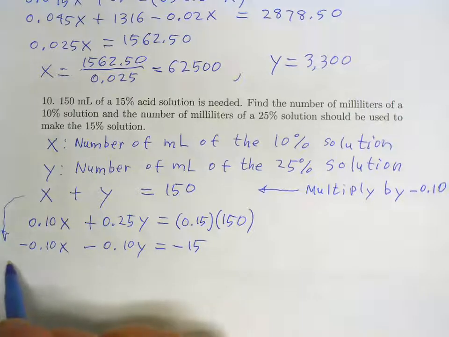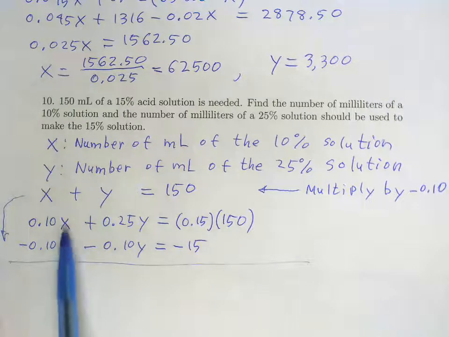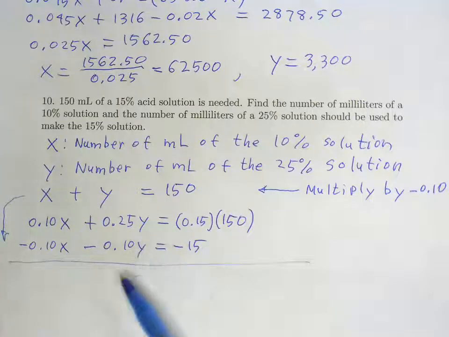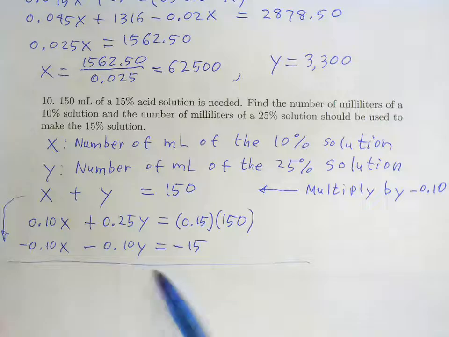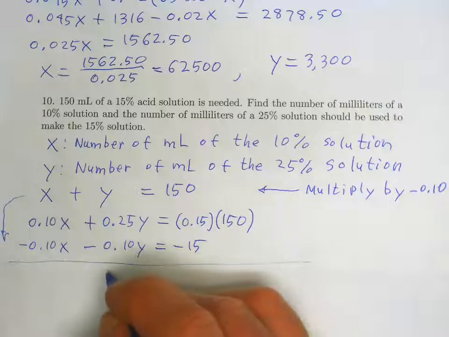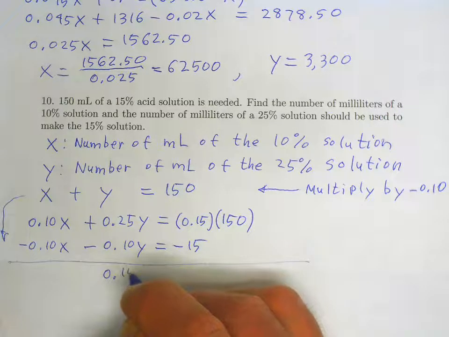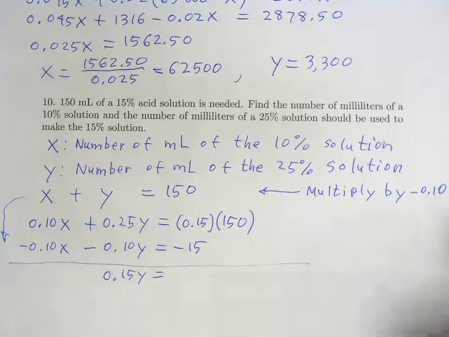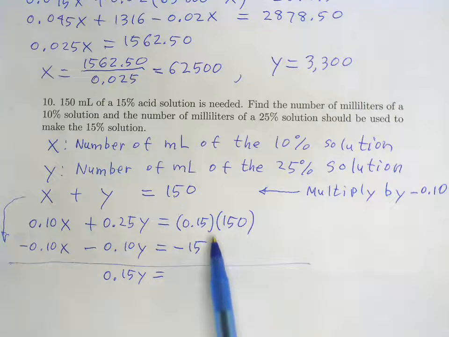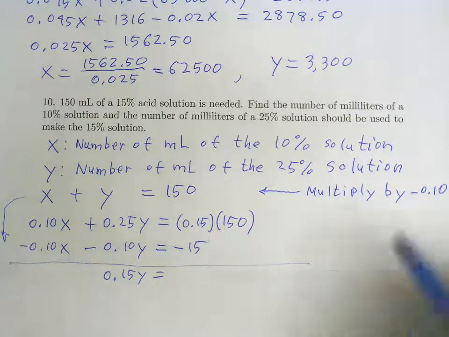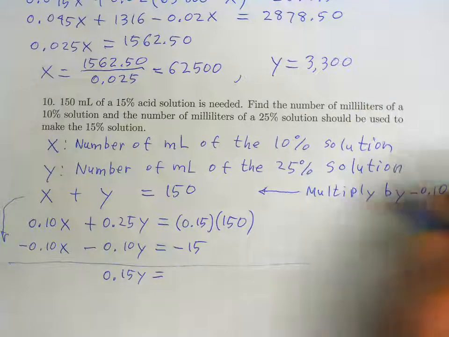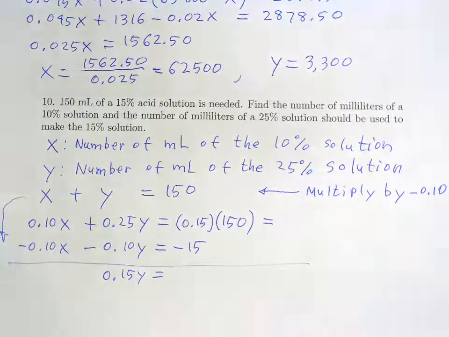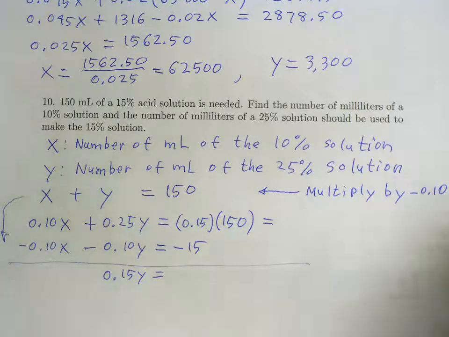Okay, and then when I add these two equations, the variable x will be eliminated. 0.25y plus negative 0.10y is positive 0.15y. And here, well, note that 0.15 times 150 is just 22.5.